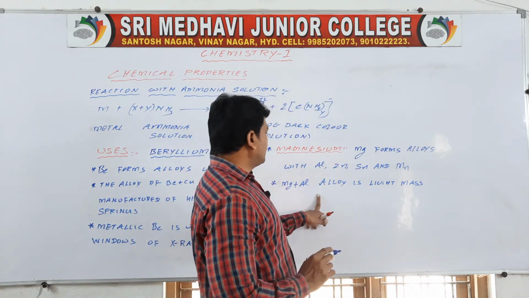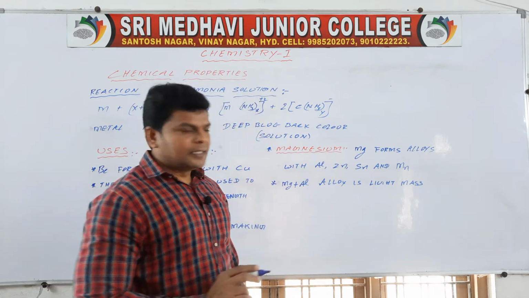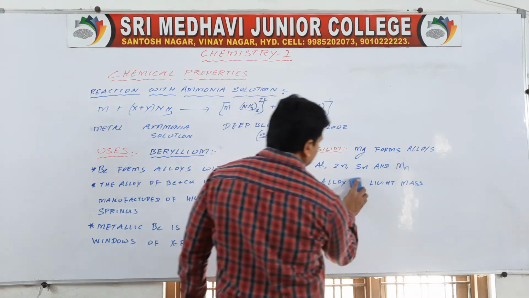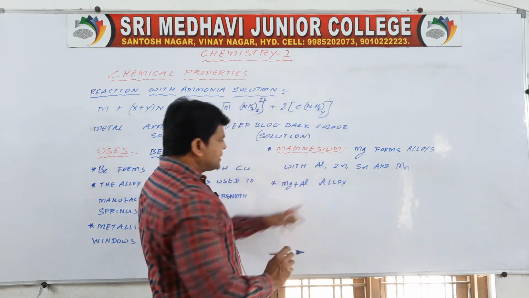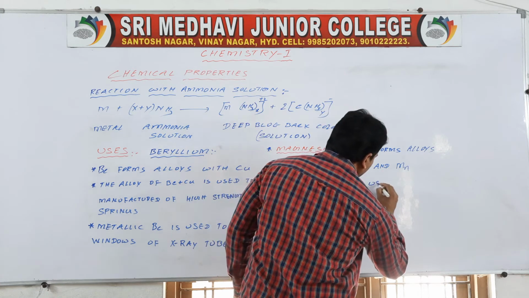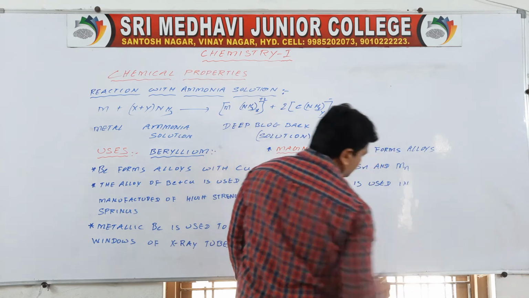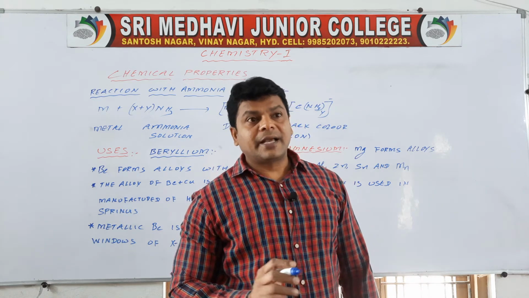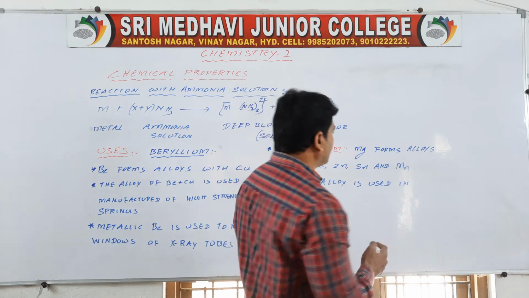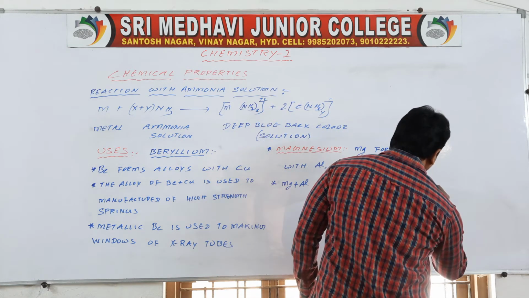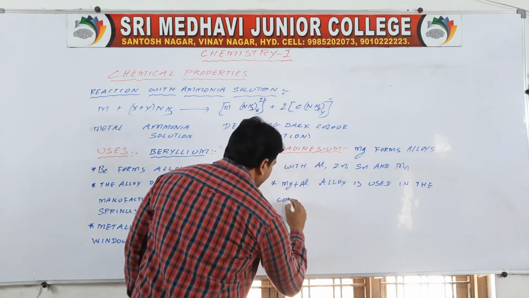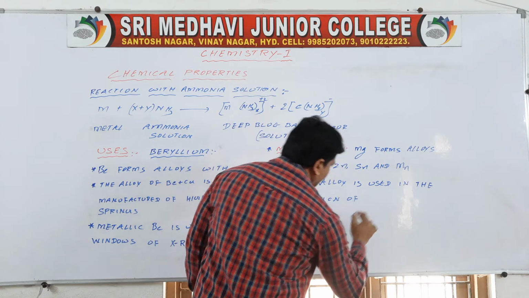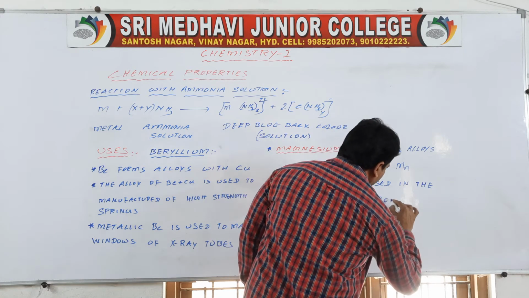So magnesium plus aluminum alloy is light, and due to its light mass it is used in aircraft construction.